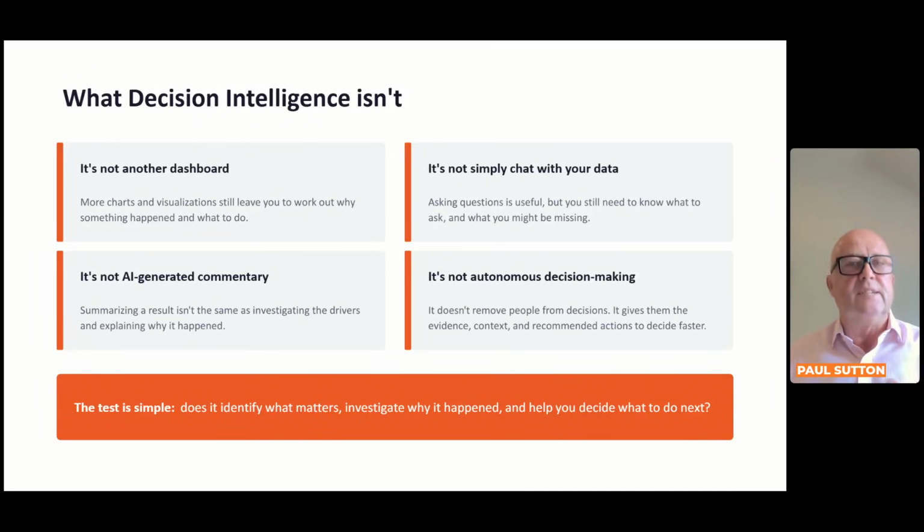Decision intelligence isn't about dumping a piece of data into ChatGPT and trying to get some analysis on it. It's not about trying to use AI to create commentary without really understanding it. And, probably more importantly, it's not about autonomous decision making. We're very much a believer in human in the loop.